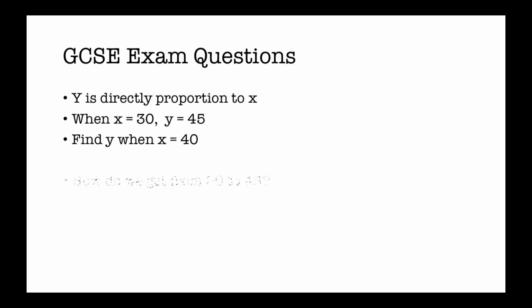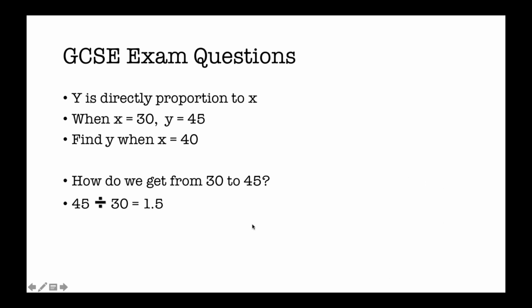All I did here was the same thing that we did before and thought, how do we get from 30 to 45? Again, if you don't know, you can do 45 divided by 30, which gives us 1.5. So that means that 30 times 1.5 equals 45. So I know that my multiplier, my k, my constant, is 1.5.